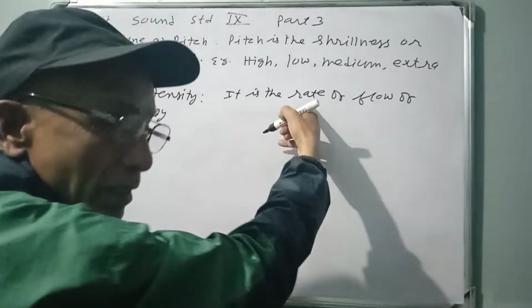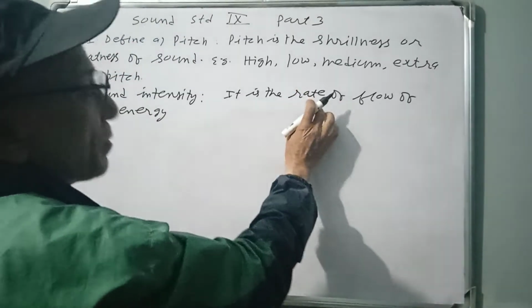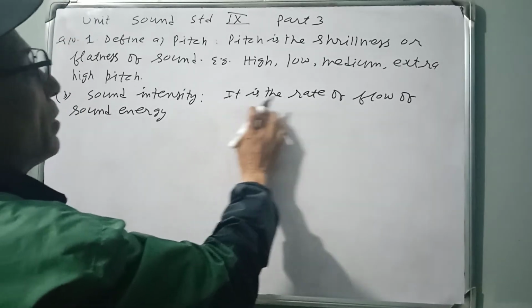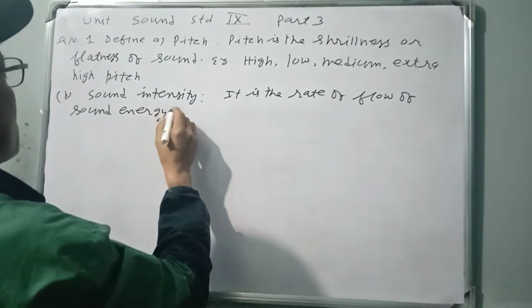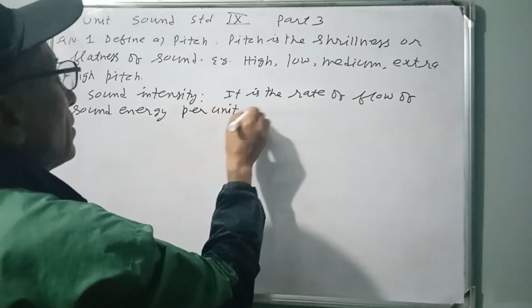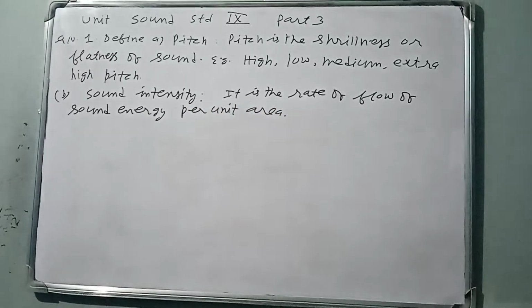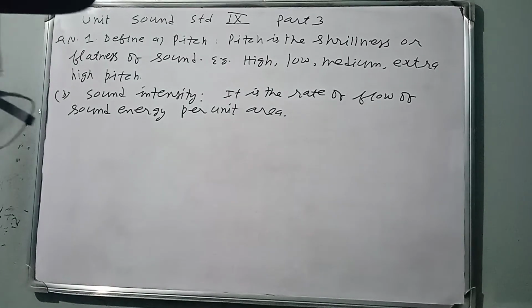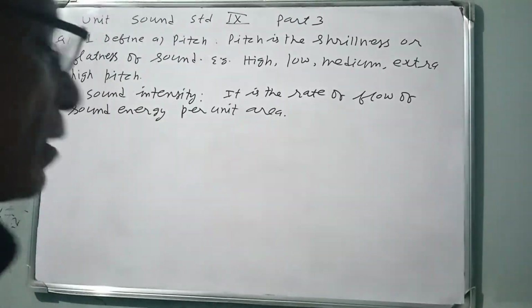When I say rate, it means 1 second. It is the rate of flow of energy, sound energy, per unit area. How much energy is flowing in 1 second in 1 square meter area?